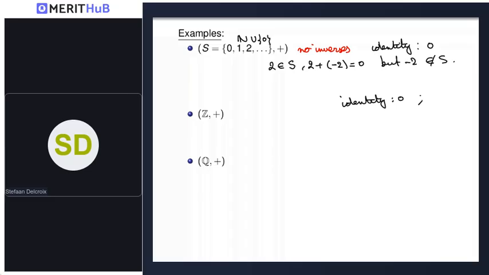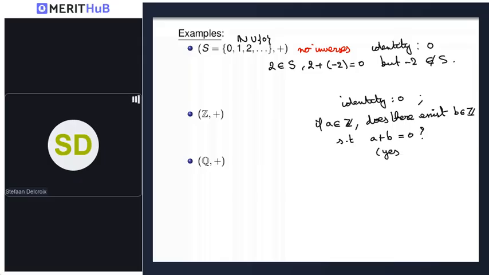So if a is an element in Z, does there exist another integer b such that when you add them, you get 0? Yes.